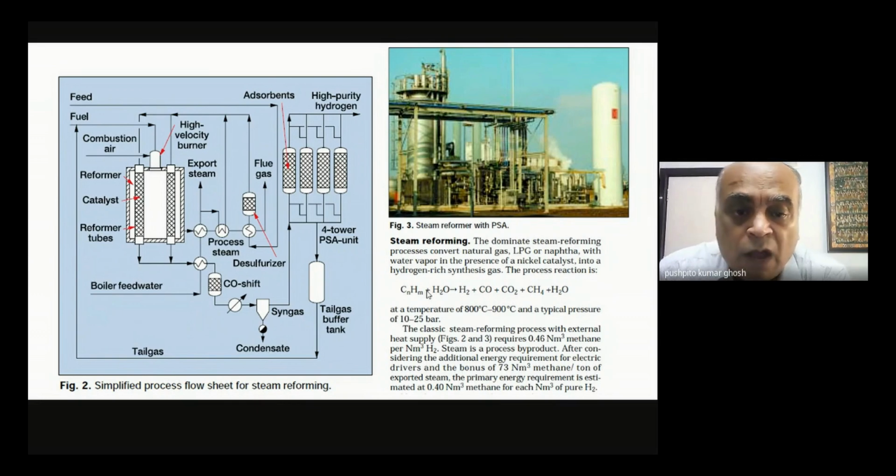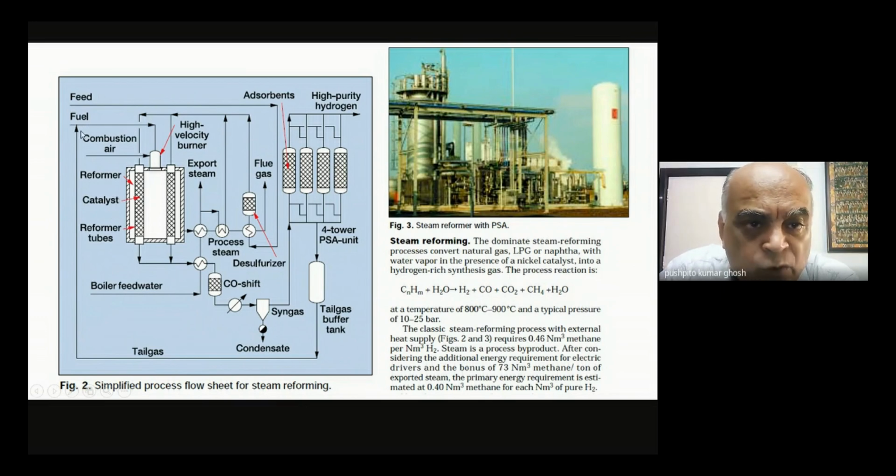Now, I am not going to go through the details of the process here, but what is most important for you to know is that this is what is known as the reformer, the catalytic reformer. This is the one that has the nickel catalyst, and this is the one into which my fuel goes.